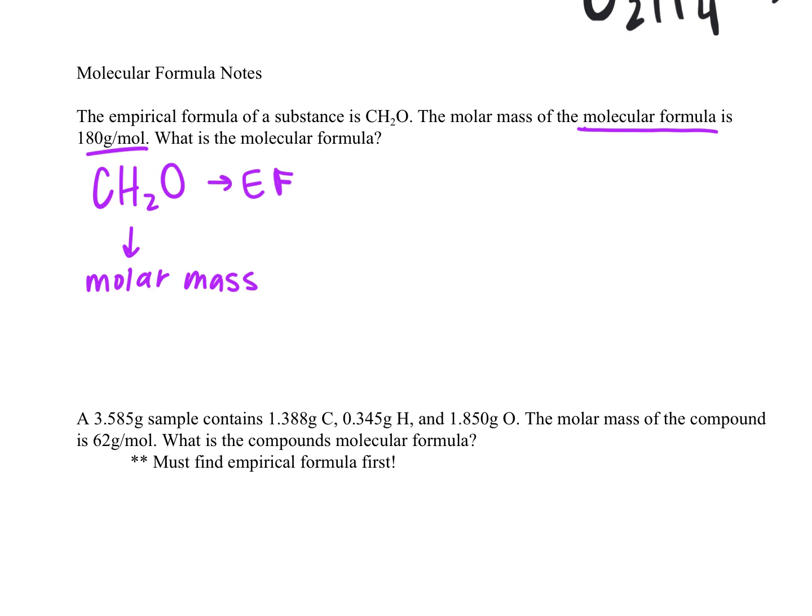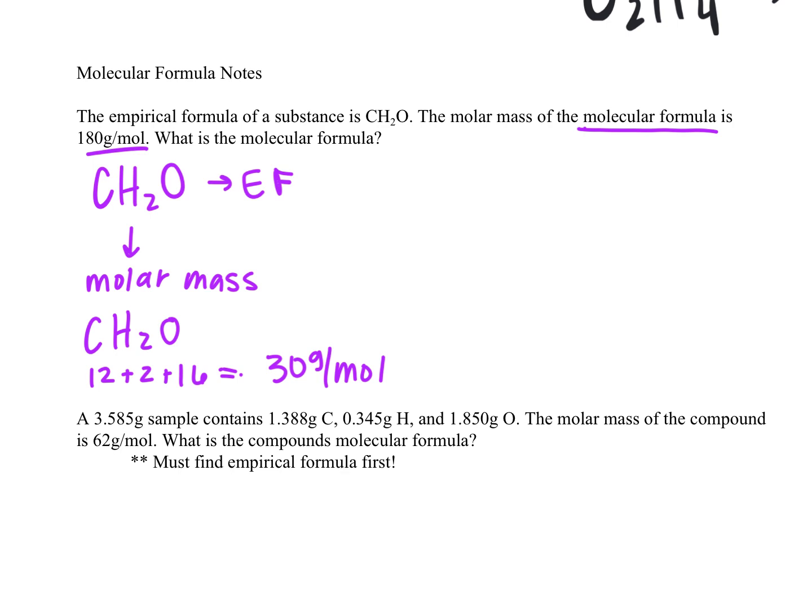And let's find the molar mass of CH2O. Okay, CH2O has a molar mass of 12 plus 2 plus 16, which gives me, I think, 30 grams per mole.